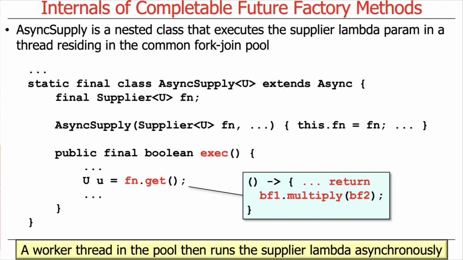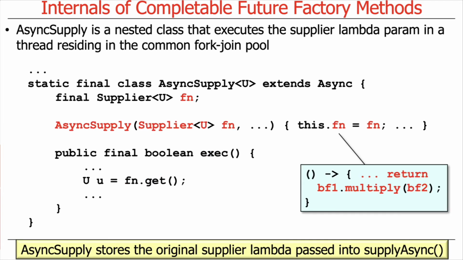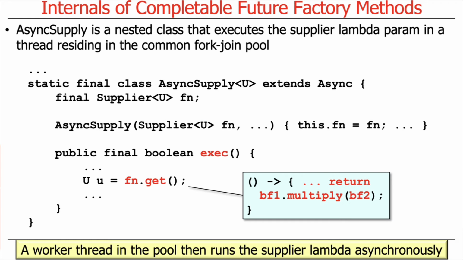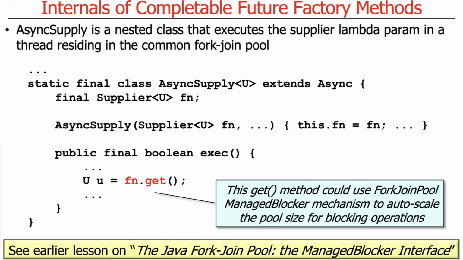So in a background thread, a worker thread in the common fork join pool is then going to call the get method on this particular field, which corresponds to that supplier lambda we passed in way back when we called supplyAsync from the client code. So the thing that's a little confusing here is this code takes place in the calling thread, the one that was calling supplyAsync. This takes place in a background thread in the common fork join pool.